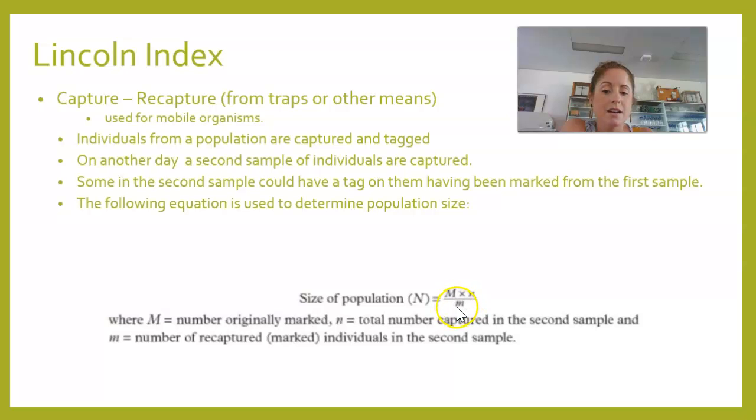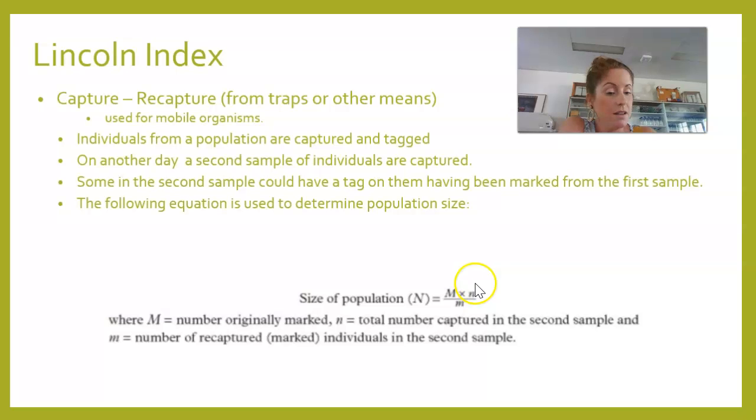You divide by the number that were marked in the recapture. Let me repeat that, because that was a bit confusing. The capital M is the number that we captured the first time. The lowercase n is the number that we captured the second time. Then we divide by the number in that second recapture that had a mark on them from the first time. So let's say I mark 10 and release them, and then the second time I capture 10 again.